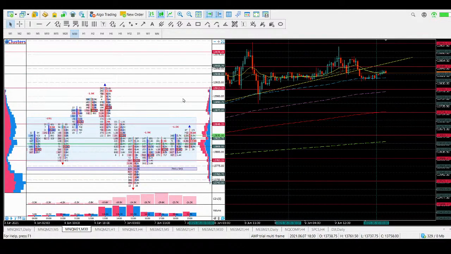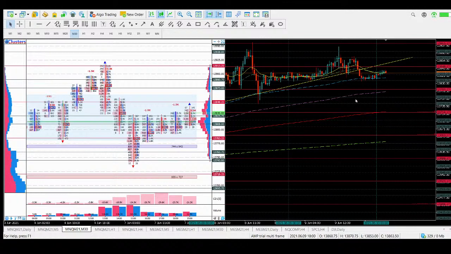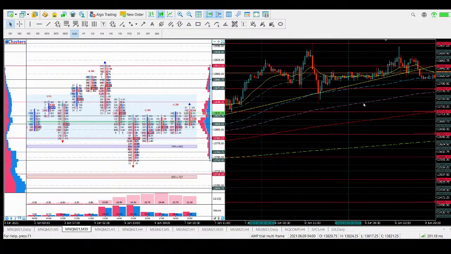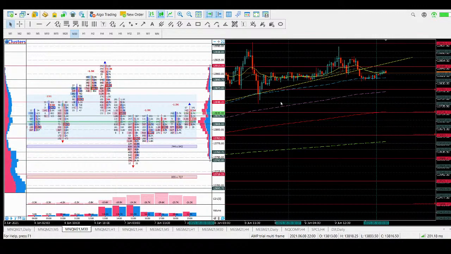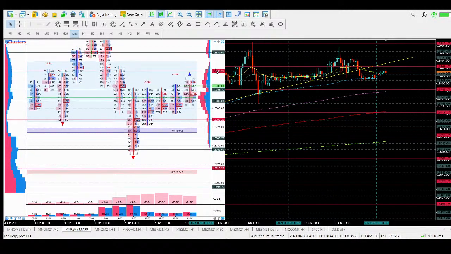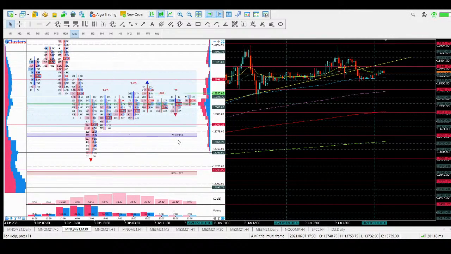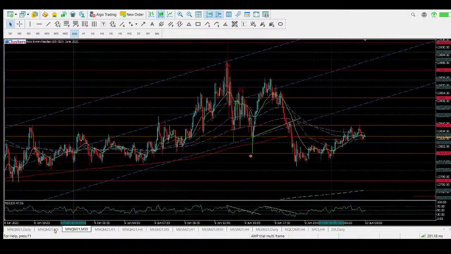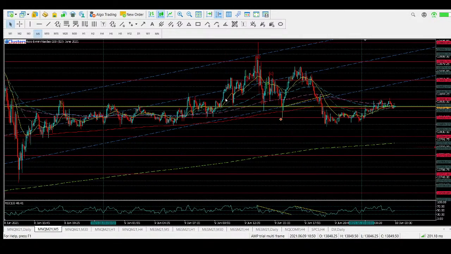But you can see from here exactly what's happening. The setup that I have in front of me right now: it's the 30 minutes chart on the right, but on the left, which is the order flow, I have the 4 hour chart. And the 5 minutes chart, I have over here.